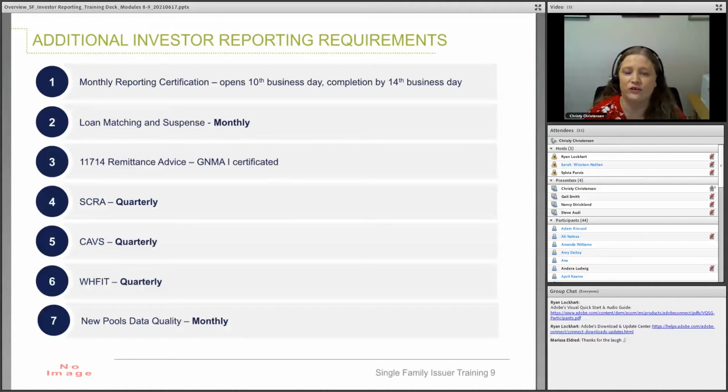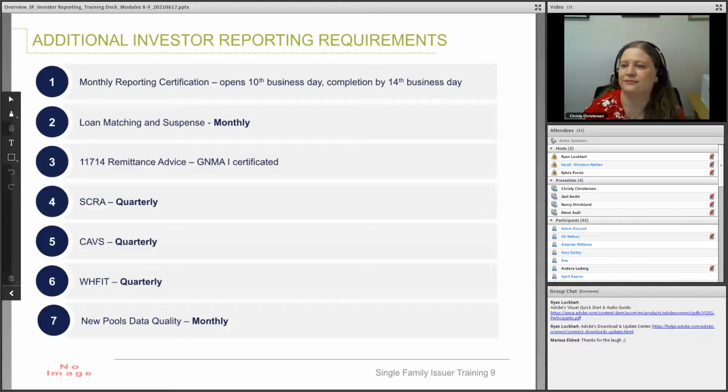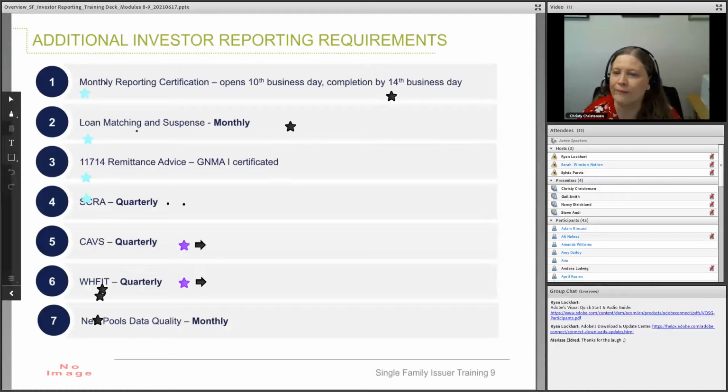And Sarah, if we could turn on the annotation tool, please. If you could place a sticker on any of these reporting requirements that you are familiar with, please. Oh, perfect.